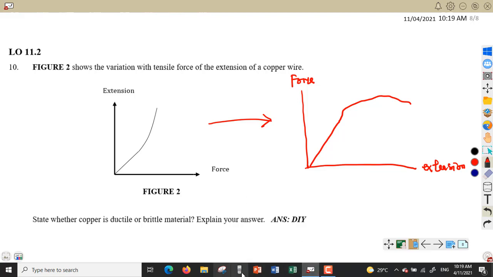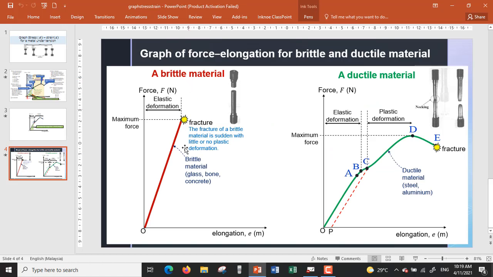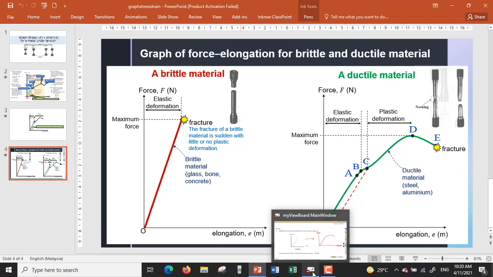If you recall what we explained in the second video, brittle material will fracture right after elastic deformation, but ductile material will only fracture after it undergoes elastic and plastic deformation. So ductile material undergoes both elastic and plastic deformation. We can apply this concept to answer the question.